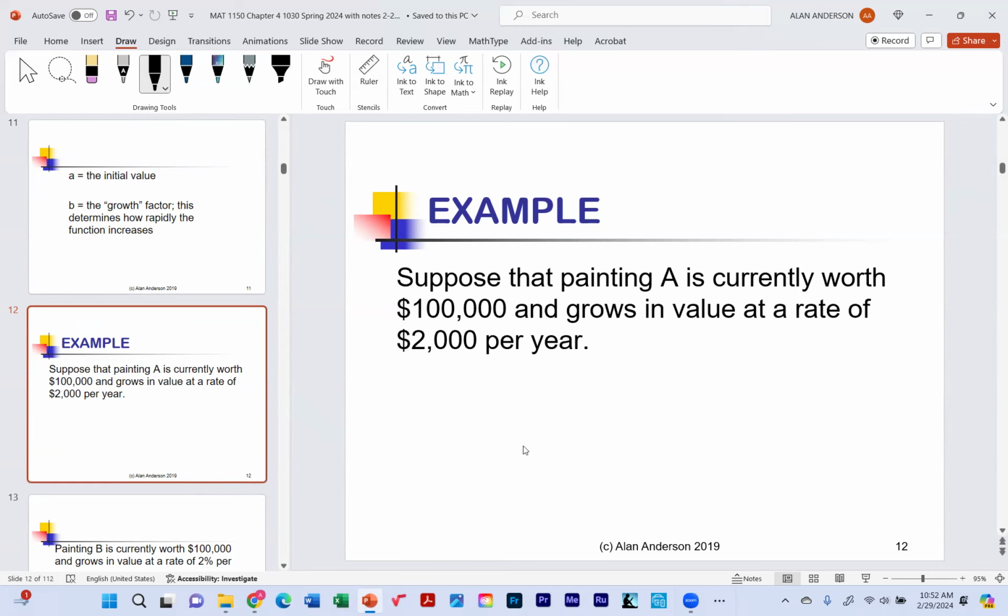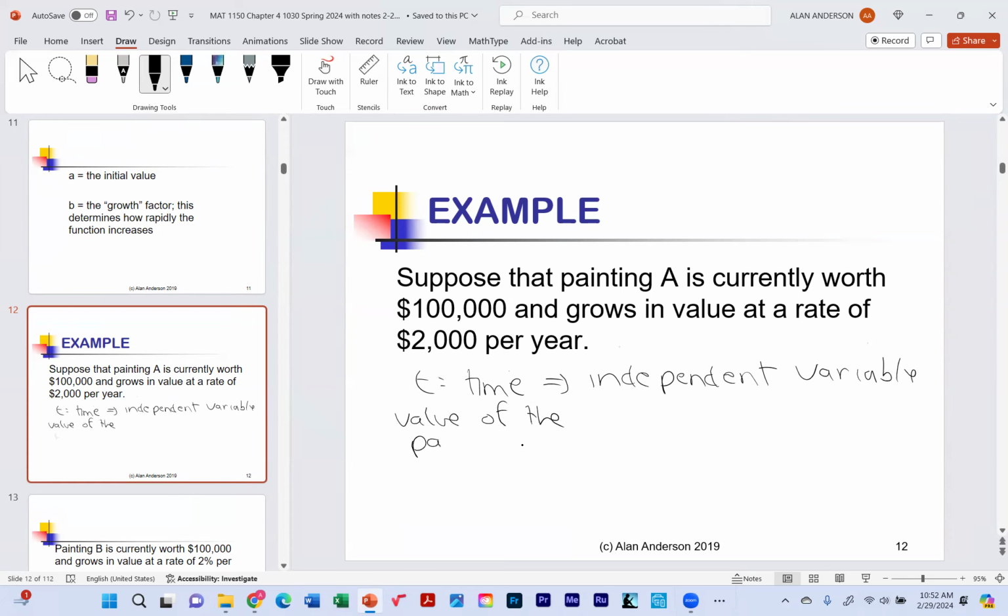What's different here, though, is that T will represent the passage of time, and that becomes our independent variable. Not X, but T. And the value of the painting as a function of time will be written as A of T, and that is now our dependent variable.